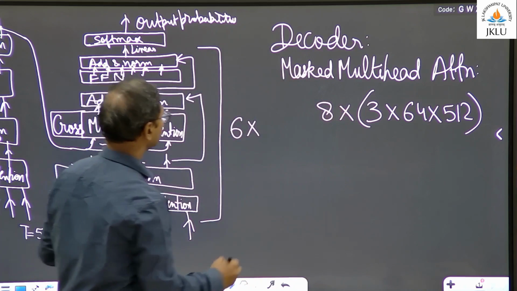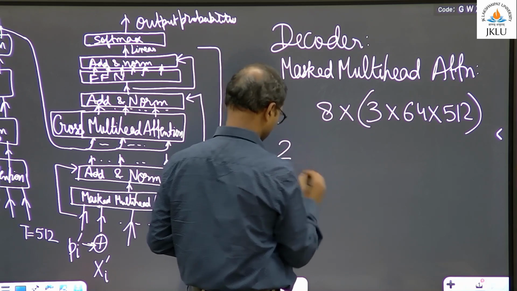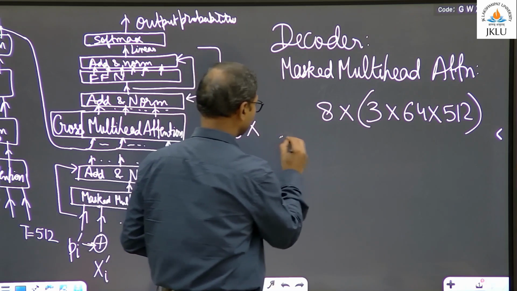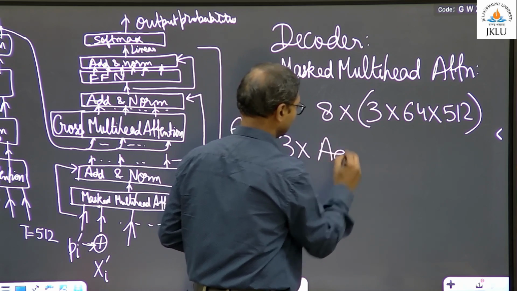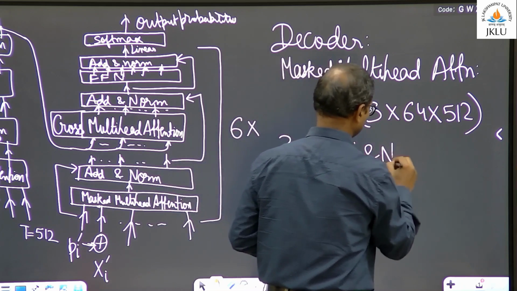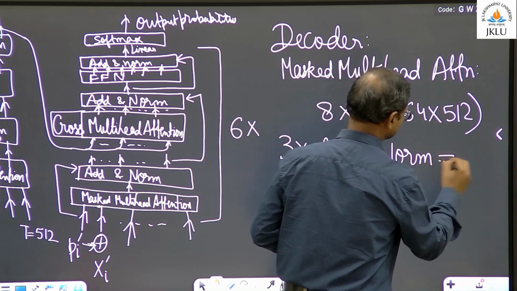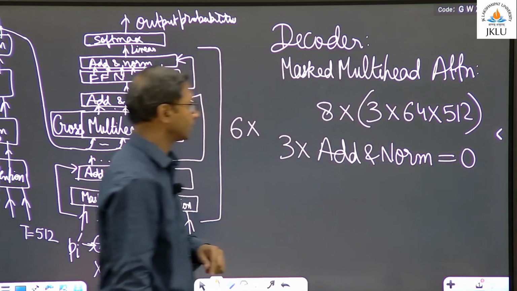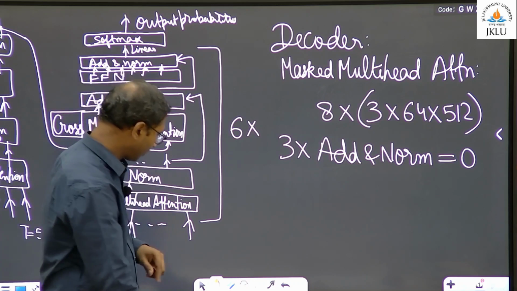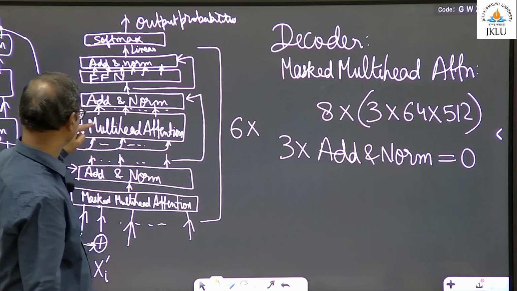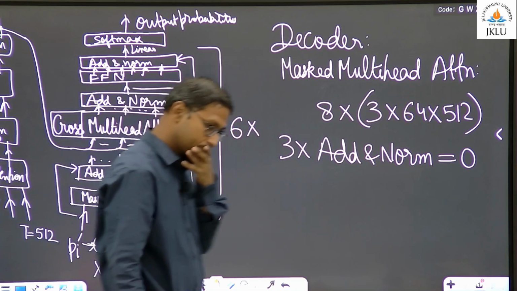Add and norm again 0. So in this case we have 3 into add and norm equal to 0. What next? We have cross multi-head attention.